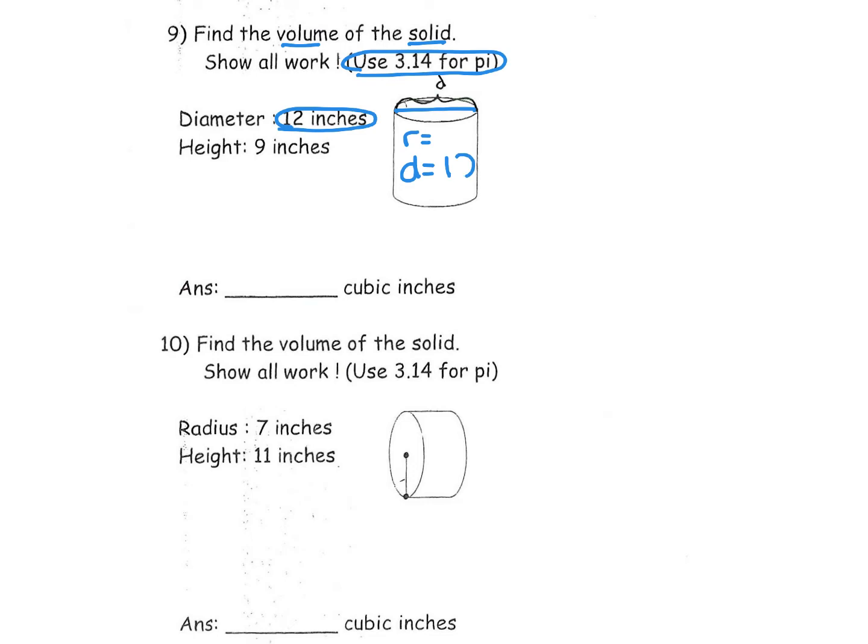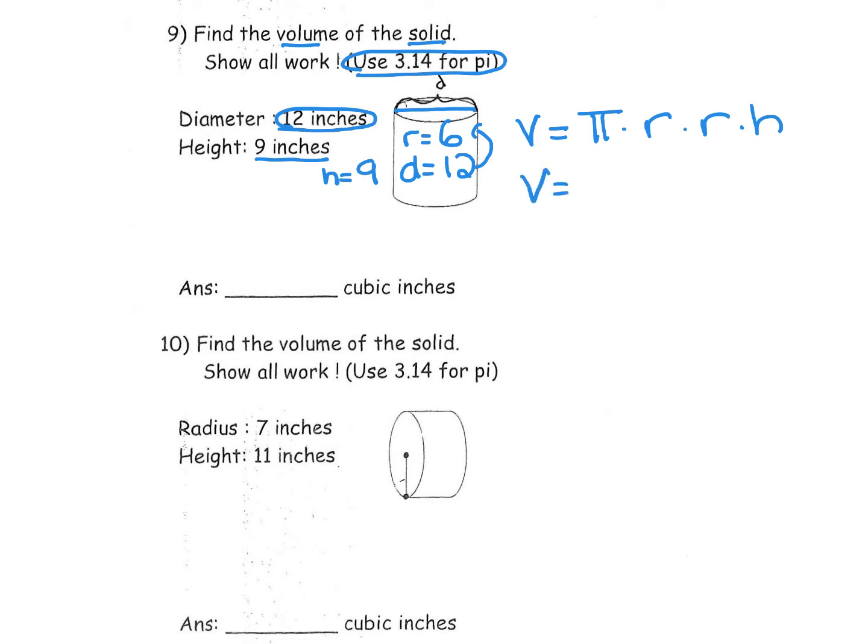So if the diameter is 12, we can cut that in half to get a radius of 6. And the overall height, well, that's just 9. The formula from the front of the packet for finding volume of the cylinder is volume equals pi times r times r times h.